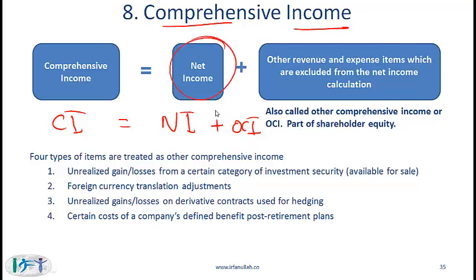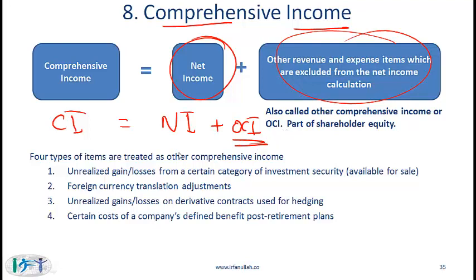Net income is what you show on the income statement. It's the revenue minus expenses which are reported on the income statement. And then there are other revenue and expense items which are excluded from the net income calculation. That impact is captured in something called other comprehensive income, which is a part of equity.